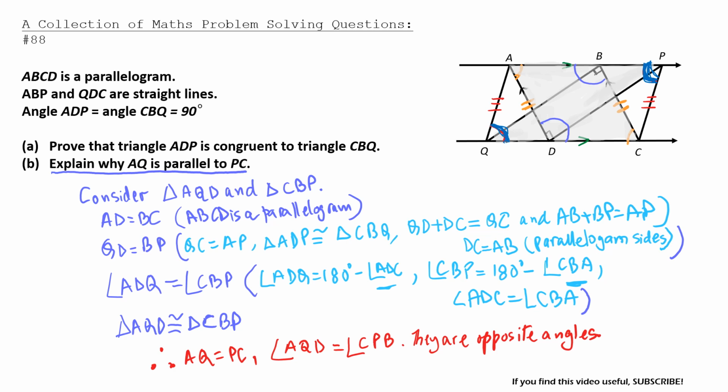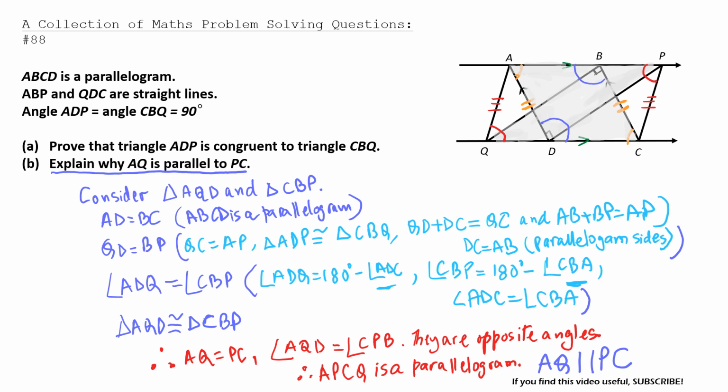Their opposite angles are equal, so APCQ is a parallelogram, and what that means is AQ is parallel to PC, and I think that explains it.